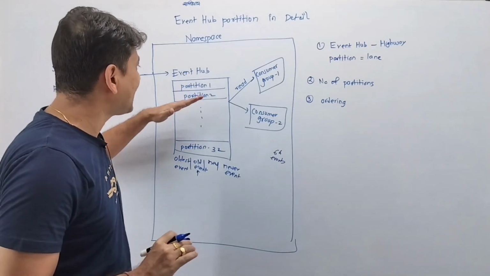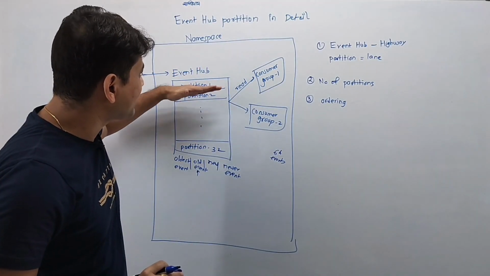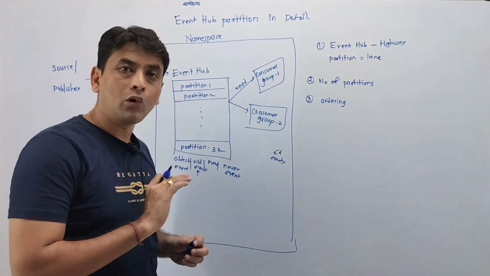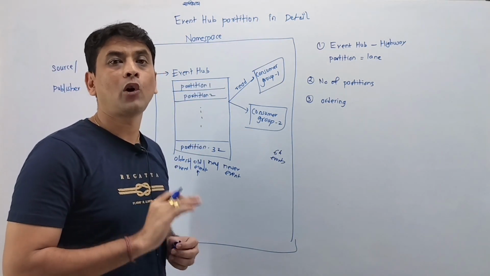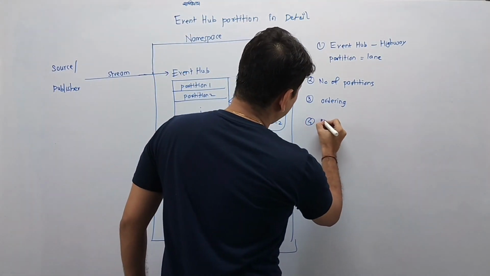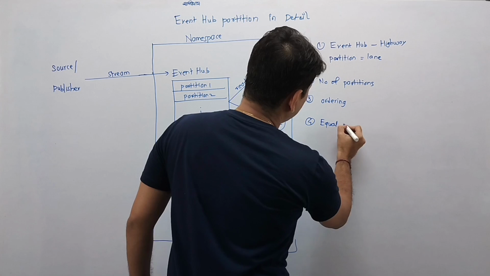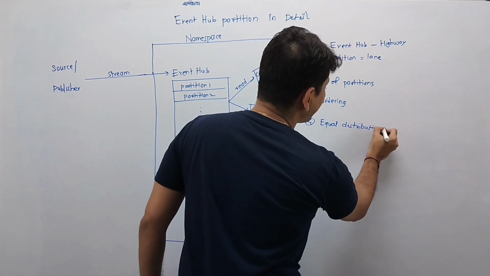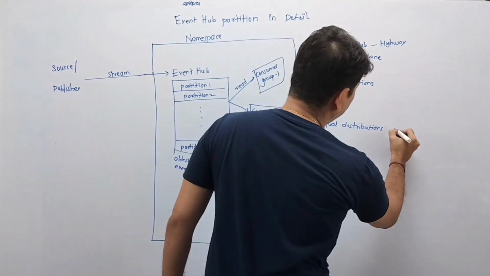It's not the case that the first partition will contain 2 events, the second partition 2 events, the third 2. So, fourth point: equal distribution of events across all partitions is again not guaranteed.